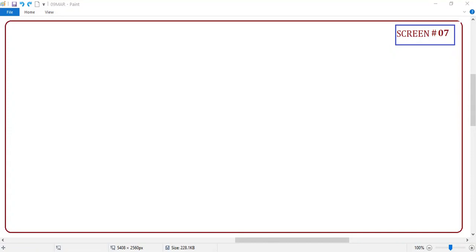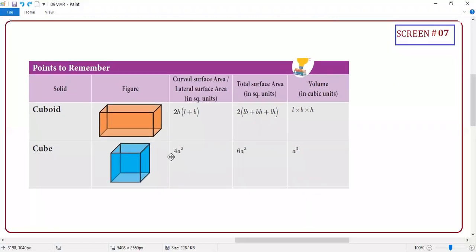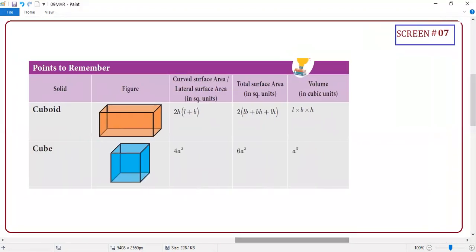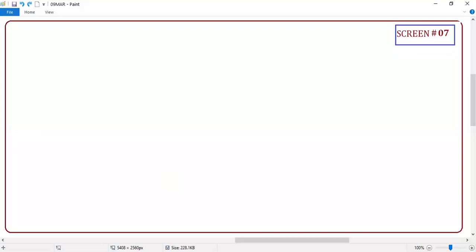As I mentioned, first you should know these two figures. These two combination is one, student: cuboid and cube is one. And what are the things you should know, guys? I told you now: LSA, TSA and volume, 3 parameters.